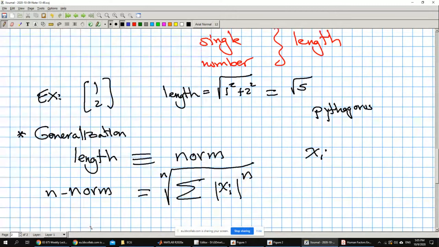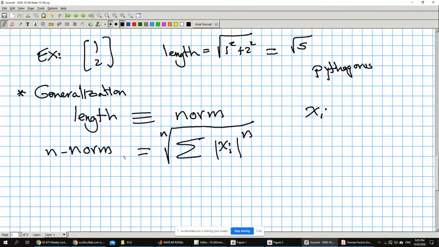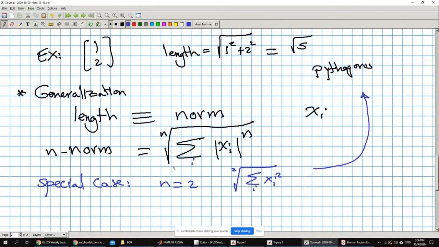Just consider the special case when you have n equal to 2. It will come out like this: the square root, which is the usual, of the summation of xi squared, which is exactly what we did here. Okay, summation over all elements. So in the special case, it goes back to Pythagoras.